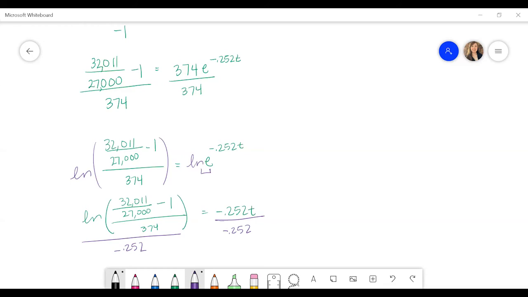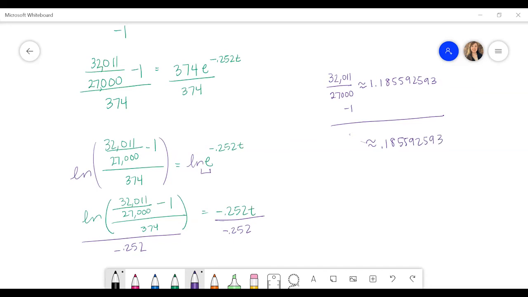So this first fraction, 32,011 divided by 27,000, is approximately 1.185592593. If we subtract the 1, that gives us approximately 0.1855925993.